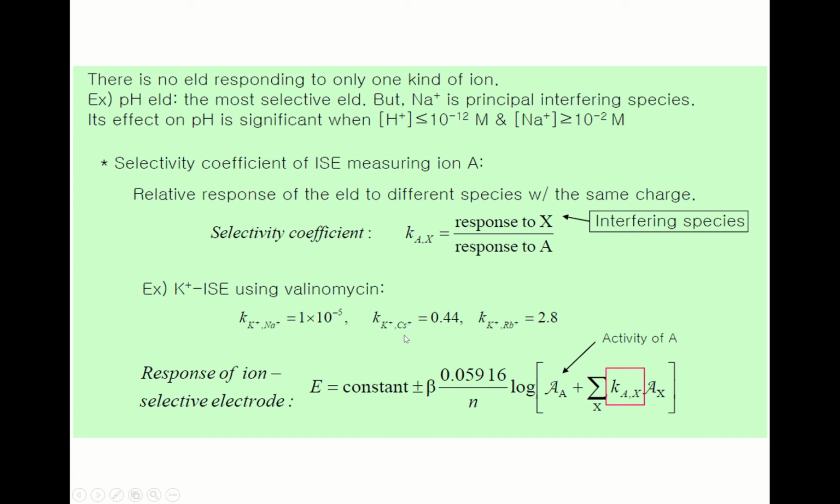In most cases we don't have to worry about the presence of cesium ion. Likewise, with the rubidium ion, valinomycin is more selective to rubidium ion than potassium ion. Again, rubidium ion is not a common ion. There is very little chance to have rubidium ion in your solution, but be careful.